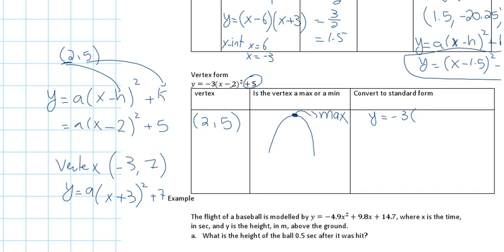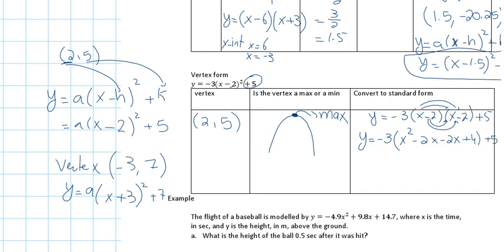So first thing I have to write the x minus 2 twice. x times x is x squared. x times negative 2 is negative 2x. Negative 2 times x is negative 2x. Negative 2 times negative 2 is positive 4, plus 5.